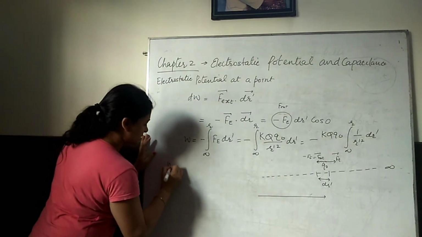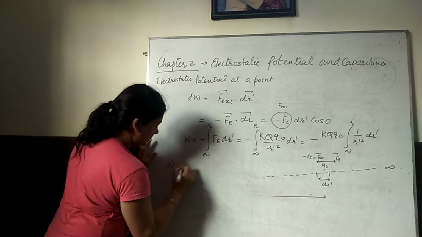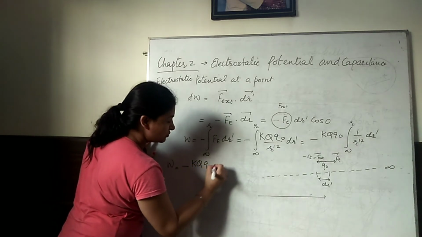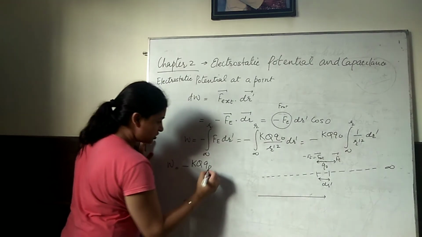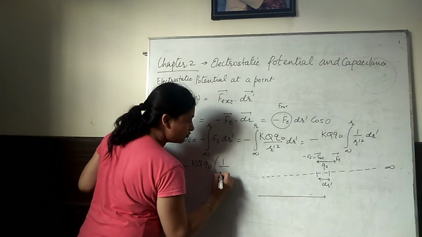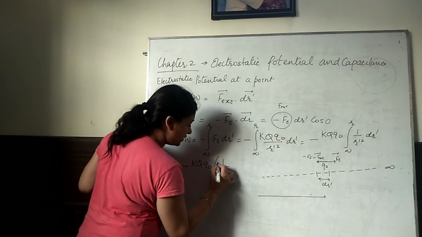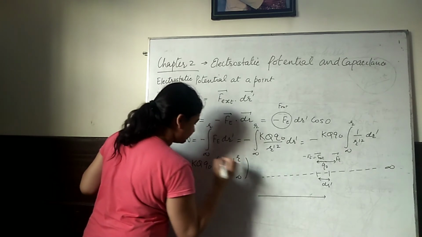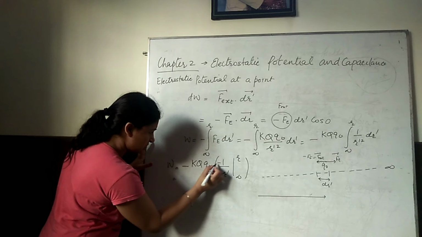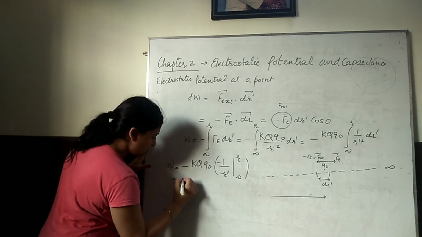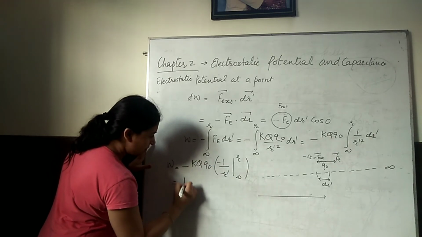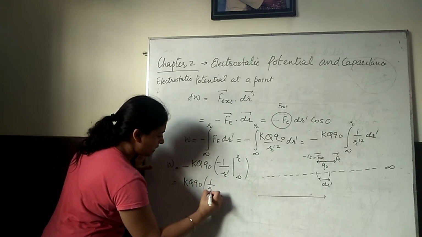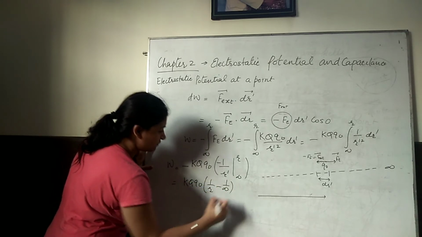So let's do this side. The total work done can be calculated as minus K Q naught times the integration of that expression, which is minus 1 over R dash, from infinity to R. The minus gets cancelled with this, so this can be written as K Q naught times 1 over R minus 1 over infinity.